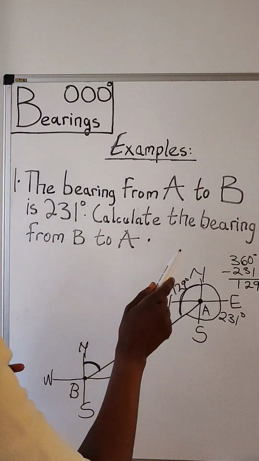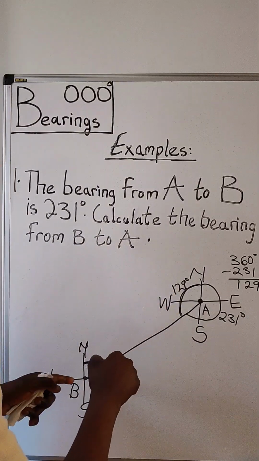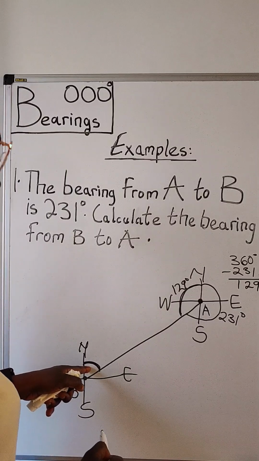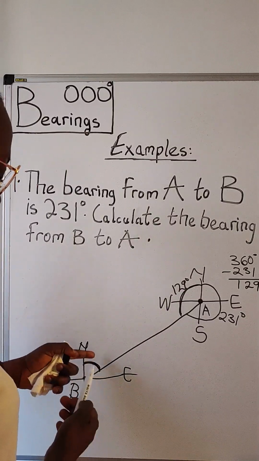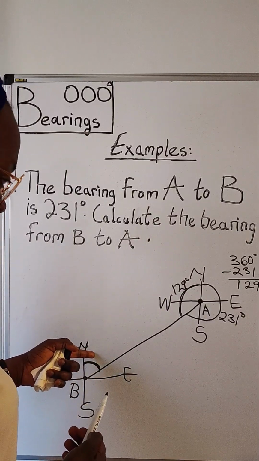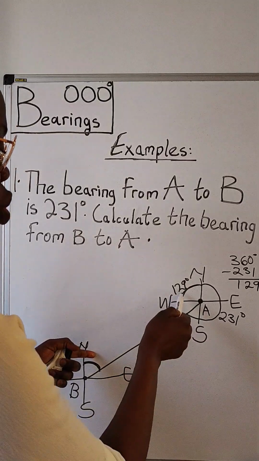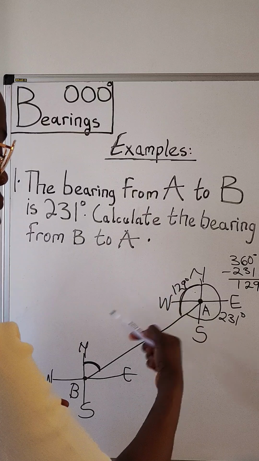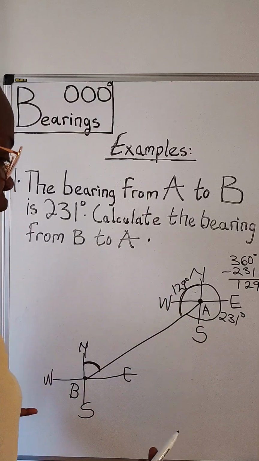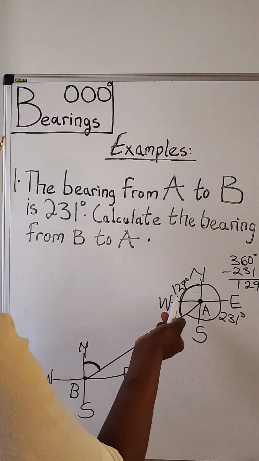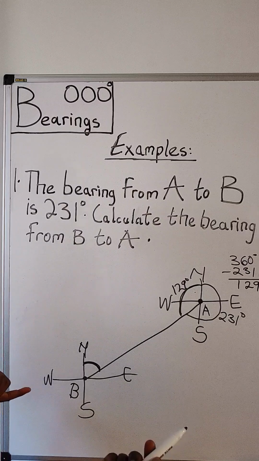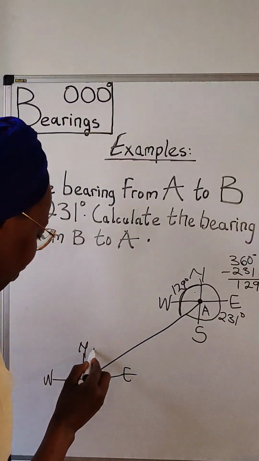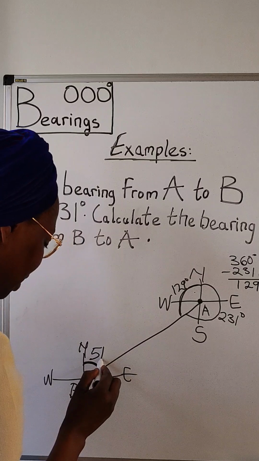So this co-interior angle adds up with whatever is here to be 180. Now we don't know the angle here, but since we have 129 degrees here, and these two angles add up to be 180 degrees, we're going to subtract 129 degrees from 180 degrees and we'll be left with 51 degrees.